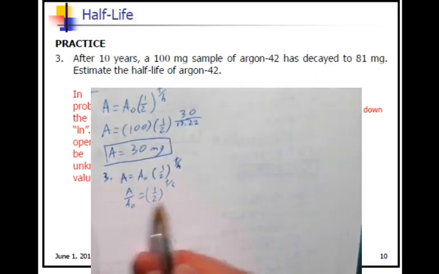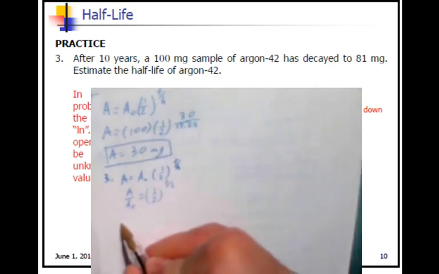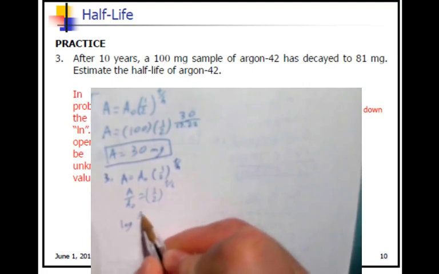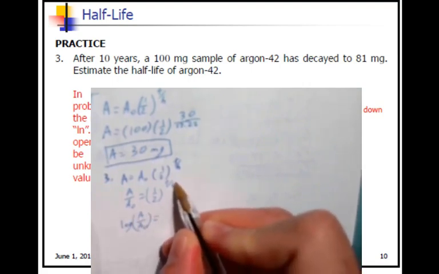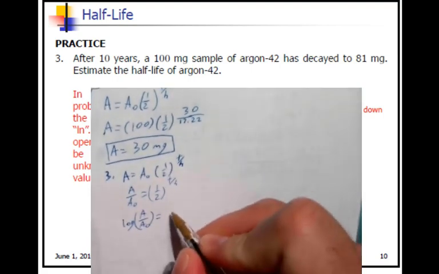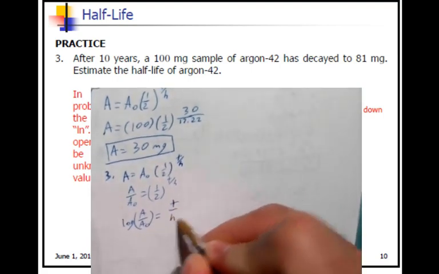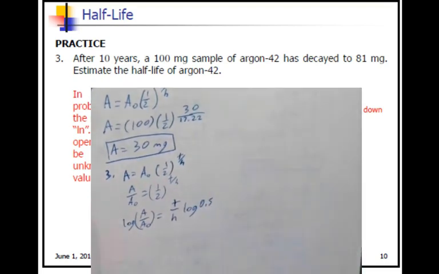And if we take the log of both sides, then taking the log of something that has an exponent, we can bring that exponent out to the front. So it becomes T over H log of 0.5.